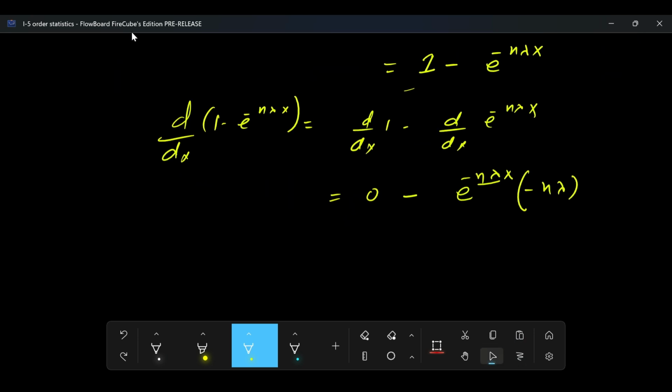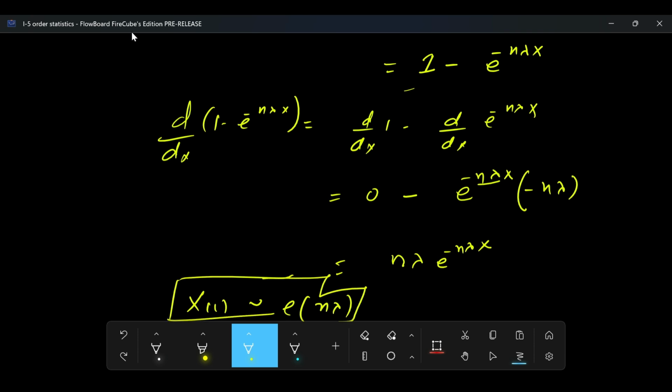So minus minus is plus, and this is n lambda e raised power minus n lambda x. So see, x1 will follow exponential n lambda. What I did here, simply to get the PDF of the first order statistic, is differentiate the CDF. So hence proved.